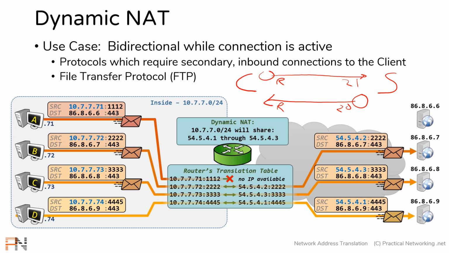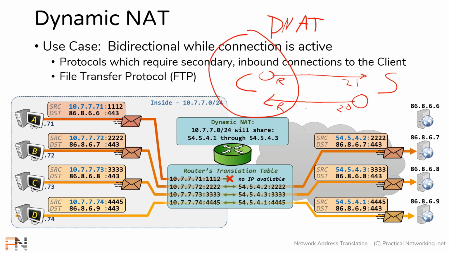If you recall, if this client was sitting behind a dynamic PAT, dynamic PAT is a unidirectional type of connection, which means this second connection, which is an inbound connection, would fail. Whereas if this was a dynamic NAT, this second connection would totally work, because while the control channel is active, the translation is bidirectional, meaning the secondary data channel will succeed.